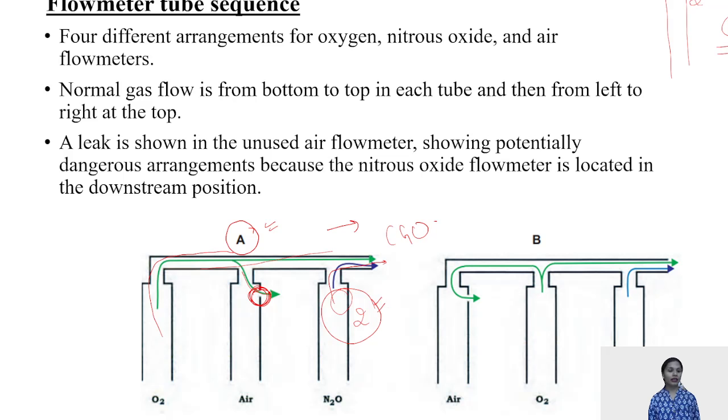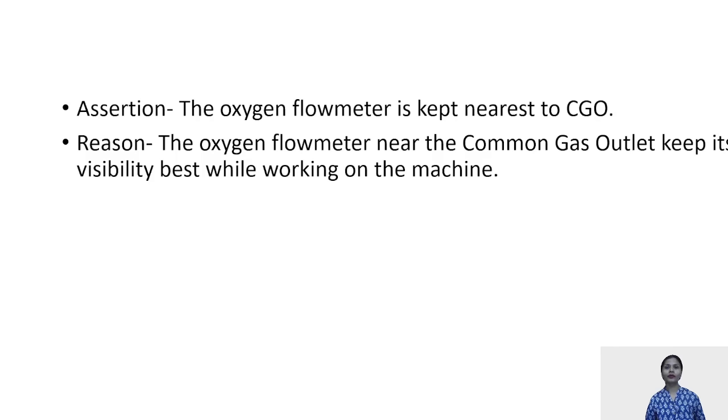Always the flow meter is arranged such that oxygen is downstream to all other gases. This is the assertion: the oxygen flow meter is kept nearest to the common gas outlet. The reason is that the oxygen flow meter near the common gas outlet keeps its visibility best while you are working on the machine.